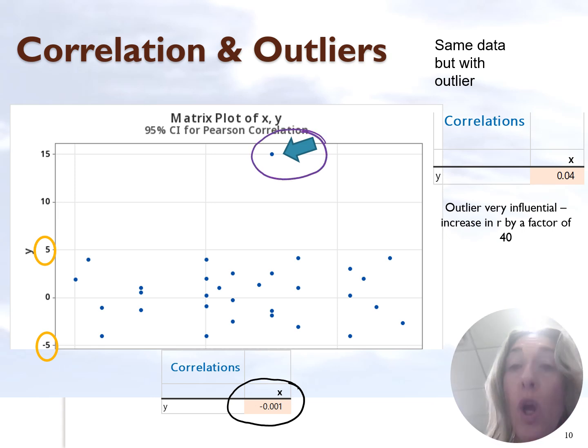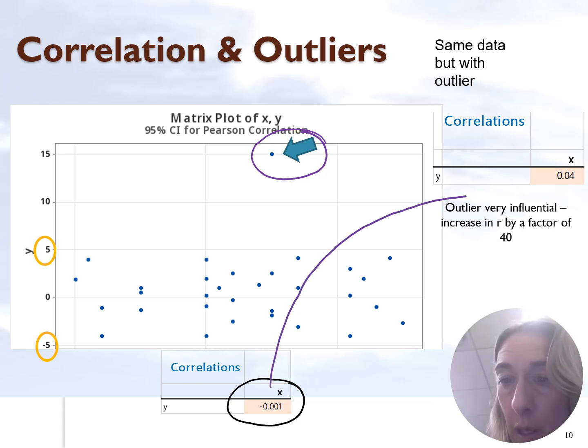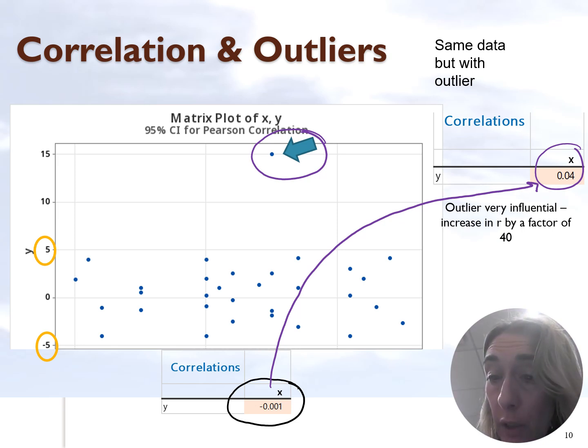When we add that outlier, the correlation changes from negative 0.001, very close to zero, up to 0.04. Now that doesn't perhaps look like a large change, I think because those numbers are small to begin with, but that r actually increased by a factor of 40. So this outlier was very influential on the correlation coefficient.